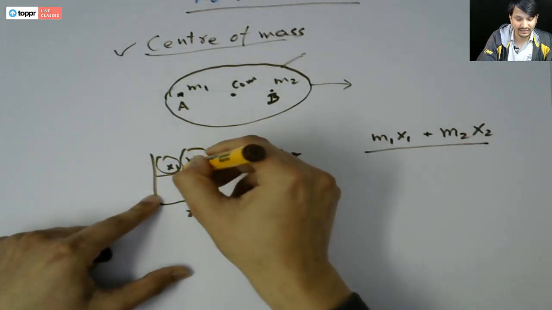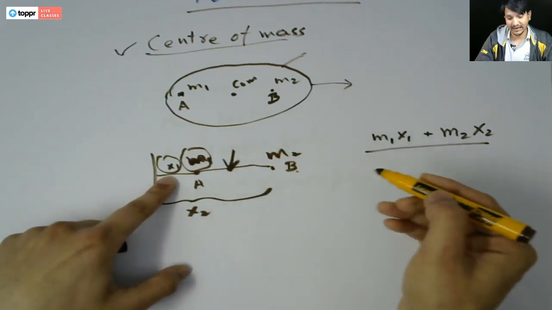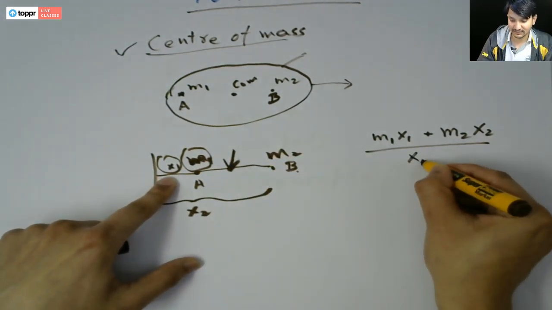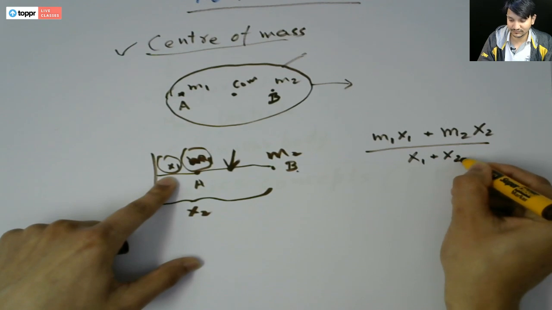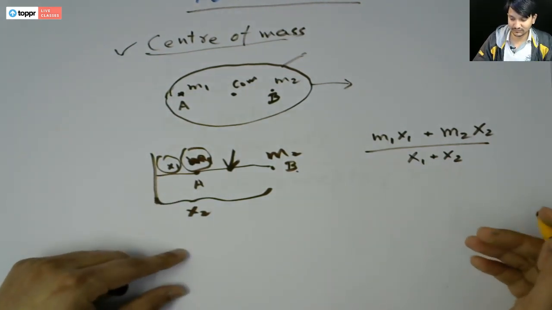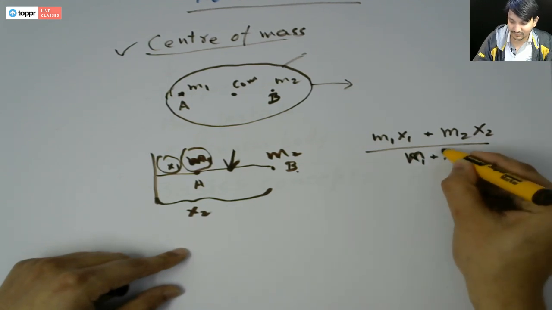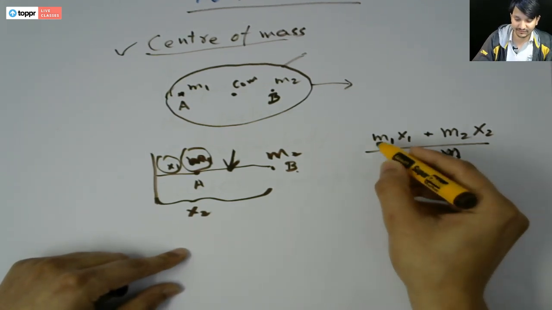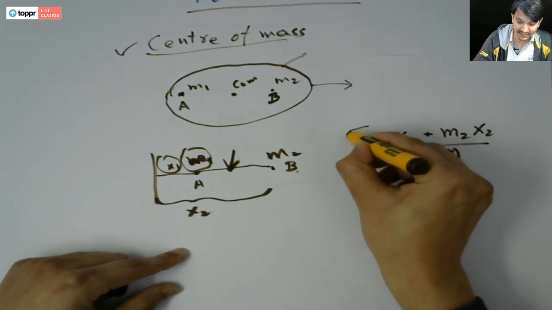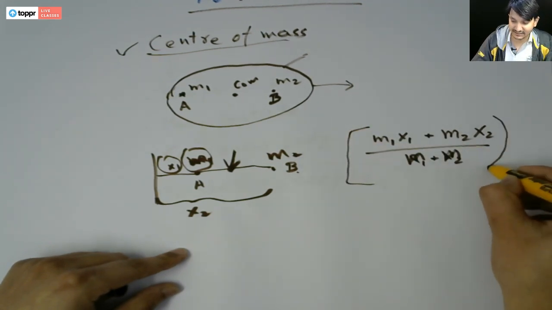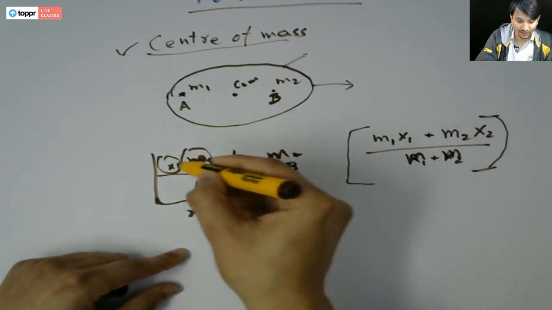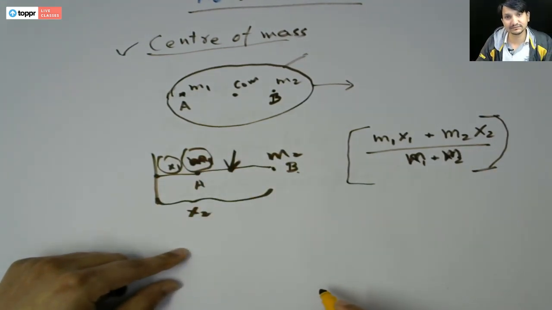Sorry, I just wrote the wrong thing. The masses m1 and m2, and this is the distance of our reference point.